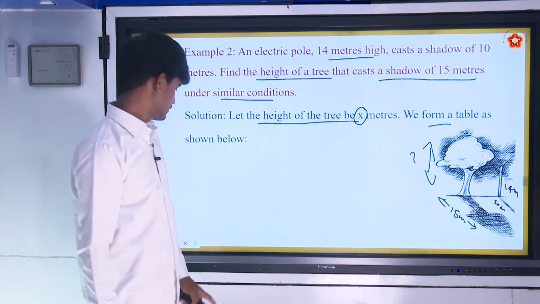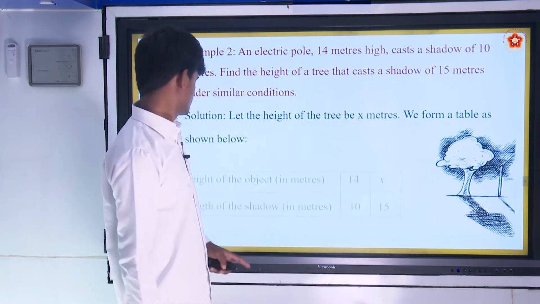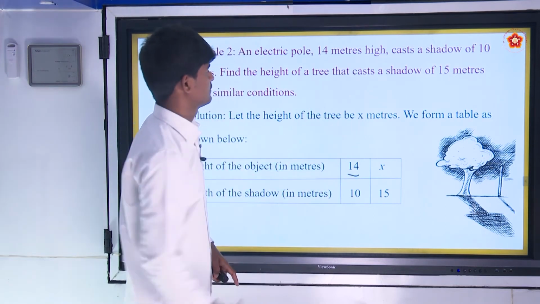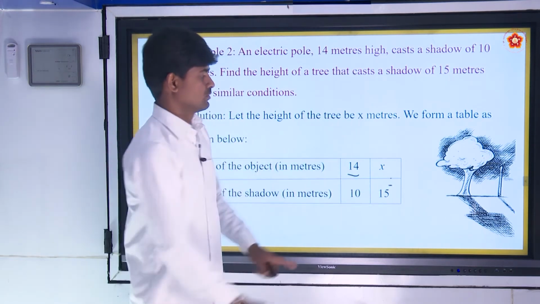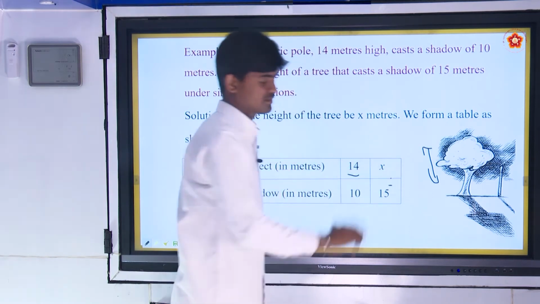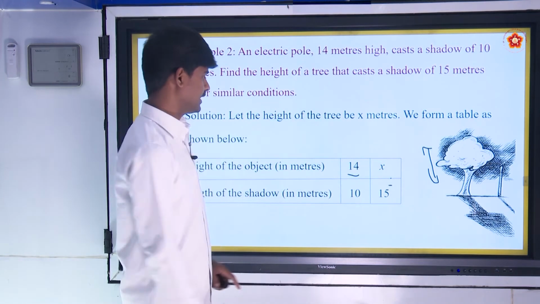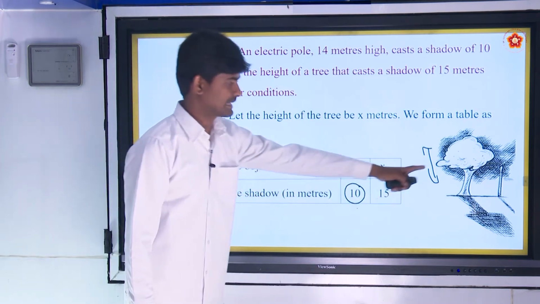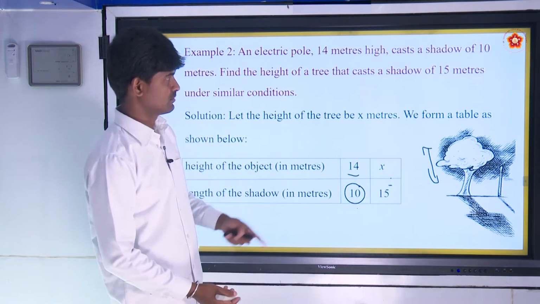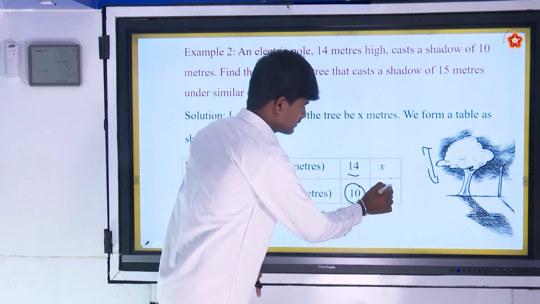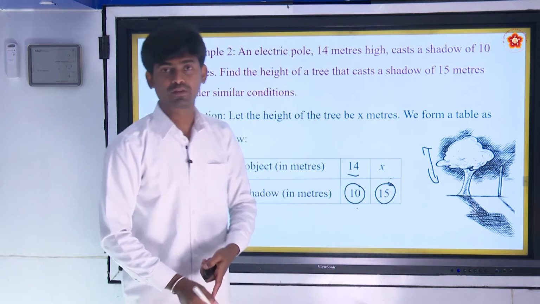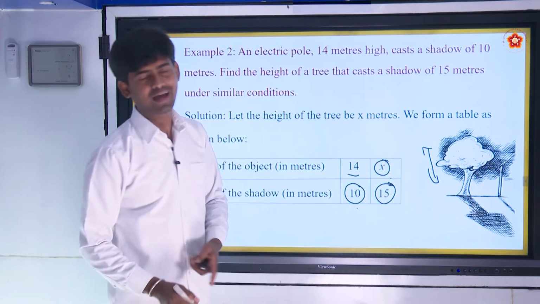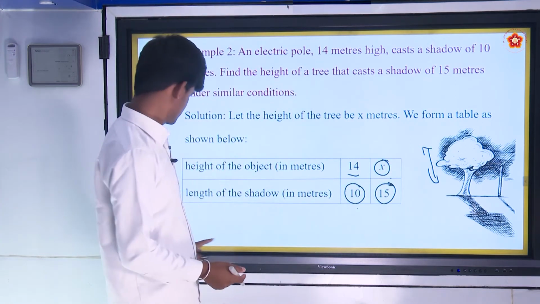We can tabulate that also. Height of the object in meters, that is 14, and I don't know the height of the tree, so it will be x. And the length of the shadow of the electric pole is 10 meters and the shadow of the tree is 15 meters. Now I have to find the actual height of the tree.